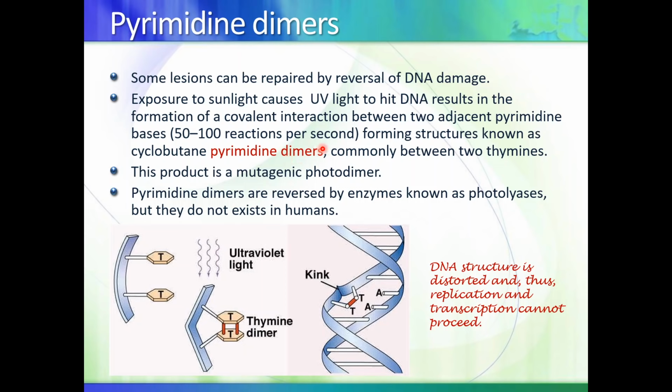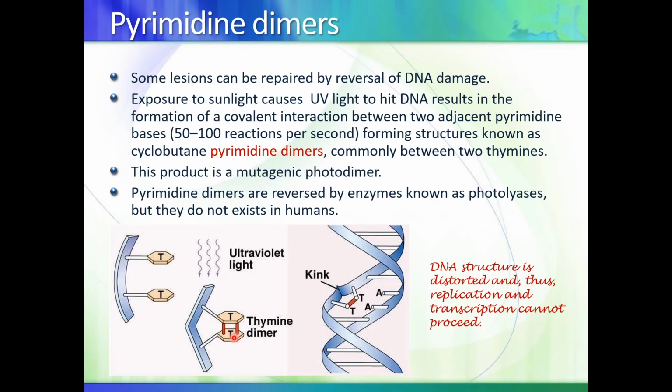It's like 50 to 100 reactions taking place per second once a cell is exposed to UV light. So the thing is that you have the formation of pyrimidine dimers specifically when you have two thymine nucleotides, one subsequent to the other.